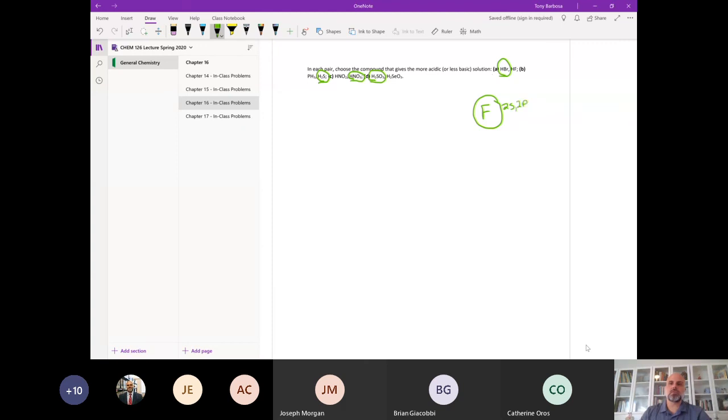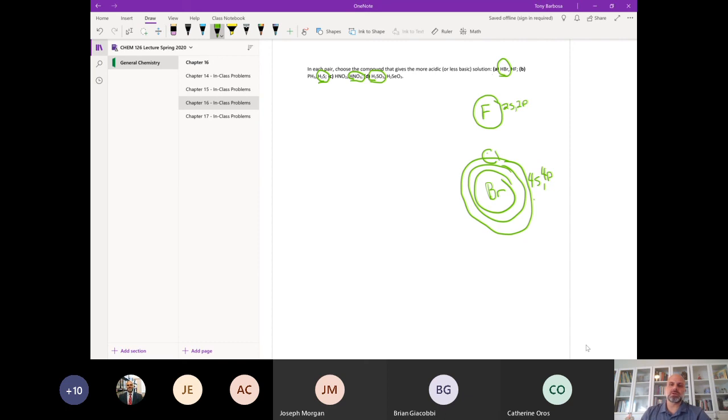Then you have chlorine down below, and bromine below that. So with bromine, we're all the way out to the 4s and 4p orbitals that are holding on to that negative charge.